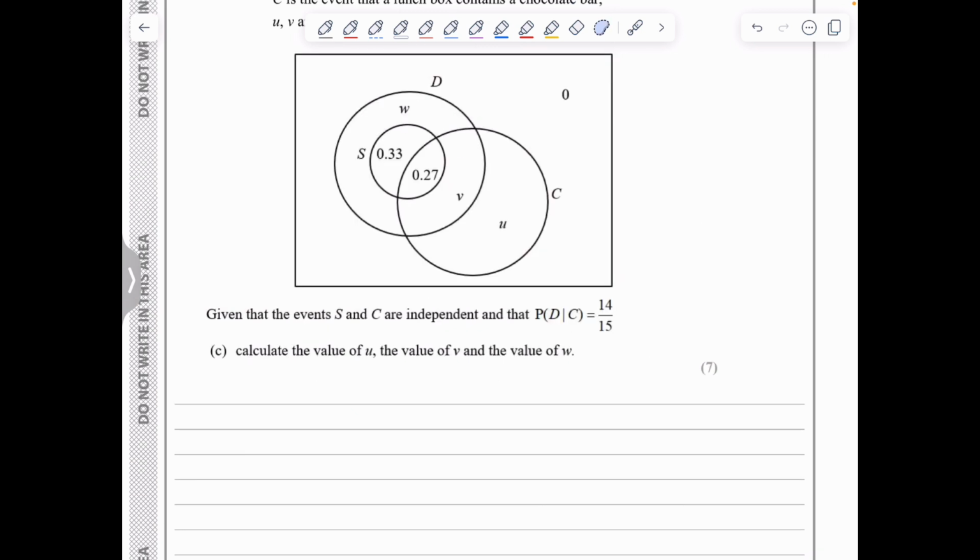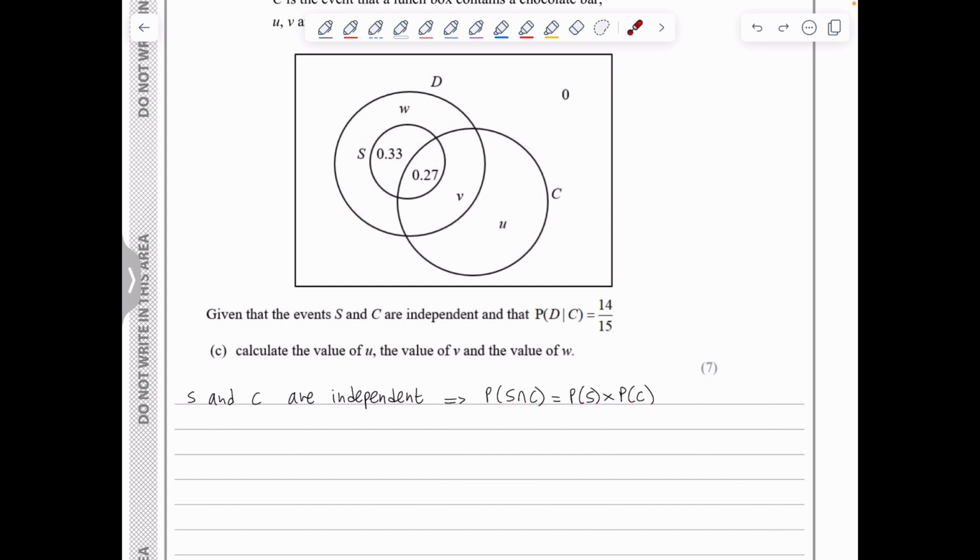We then have that the events S and C are independent, and additionally the probability of D given C is 14/15, and we need to use this information to determine the values of U, V, and W. Well, we know that if two events are independent, then the probability of their intersection is simply the product of their individual probabilities.